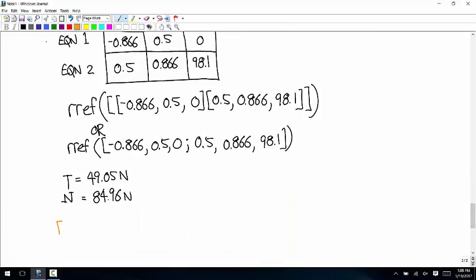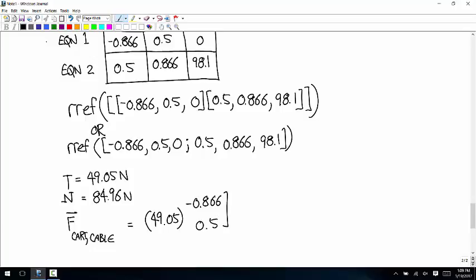So the force vector on the cart by the cable is equal to 49.05 times negative 0.866, positive 0.5.